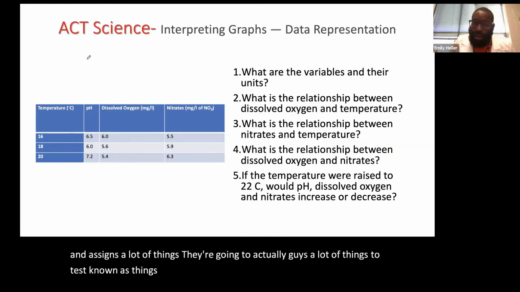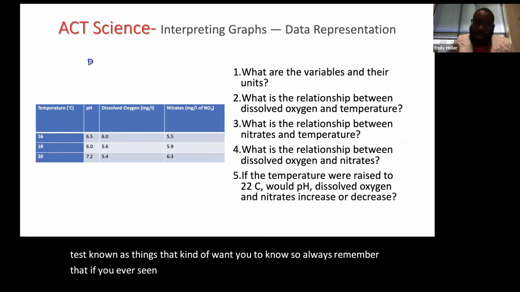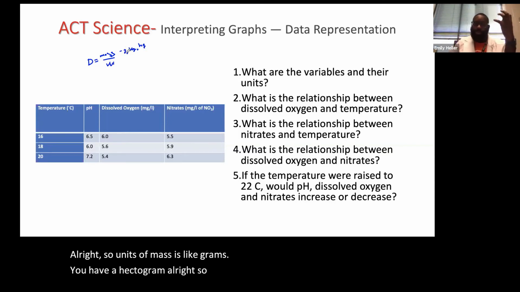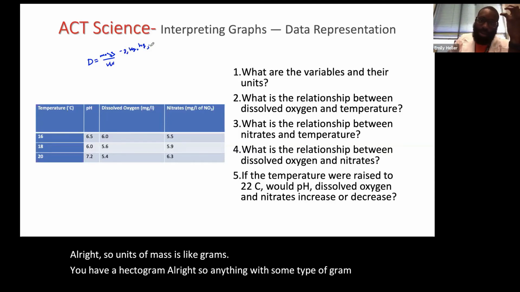So always remember that if you ever see anything with some type of mass over some particular volume, units of mass are like grams, kilograms, you can have a hectogram. Anything with some type of gram, like milligram, means it's a mass.